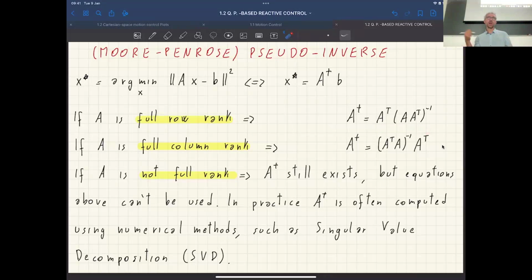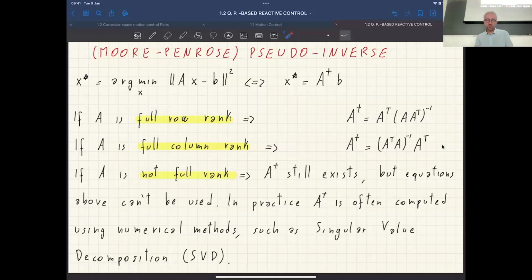So you need to rely on numerical methods for computing it. It still exists, mathematically correct, but you cannot compute it simply by relying on matrix multiplication and inversion. It's a bit more convoluted than that.